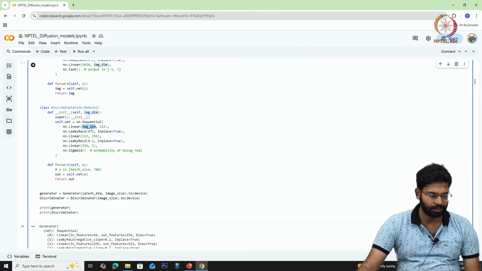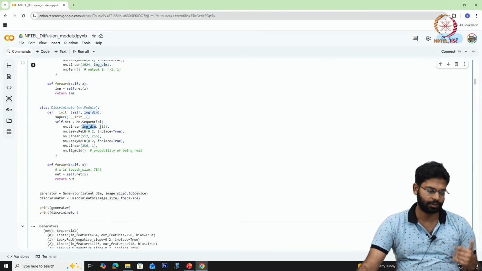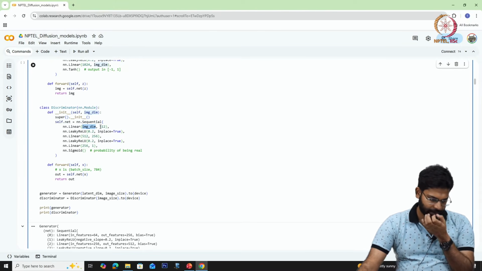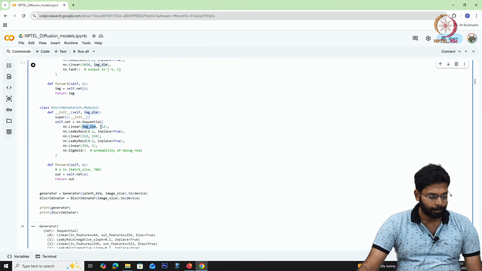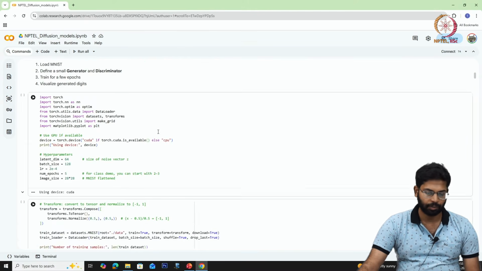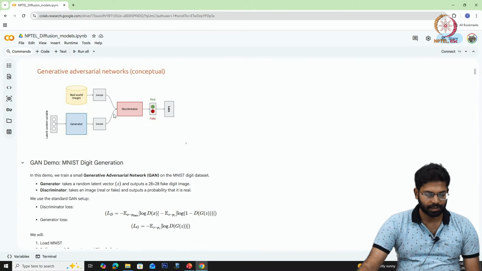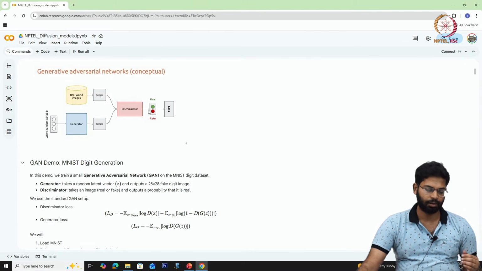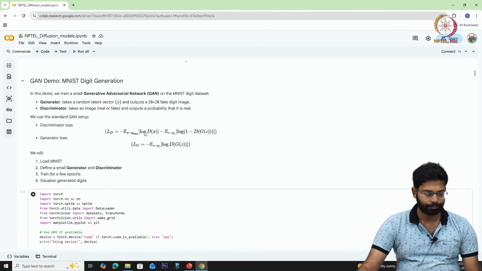It takes the image dimension as input because it has to take the flattened image, and what is the output dimension? The output is 1 because it will be a simple probability. You remember that the discriminator takes an image and calls it real or fake. So it is a single scalar ranging from 0 to 1. 0 means fake, 1 means real.